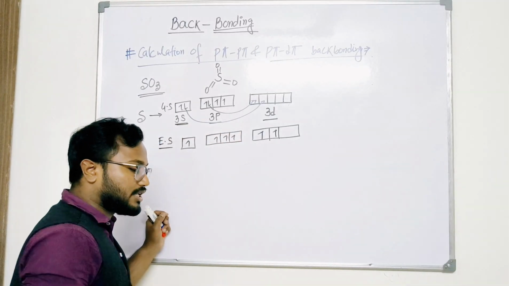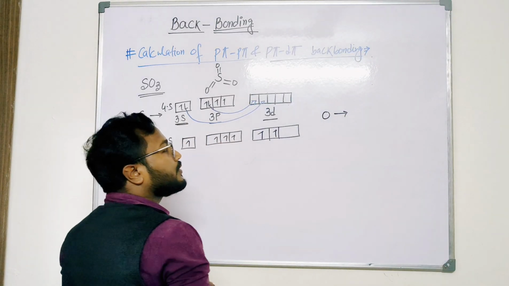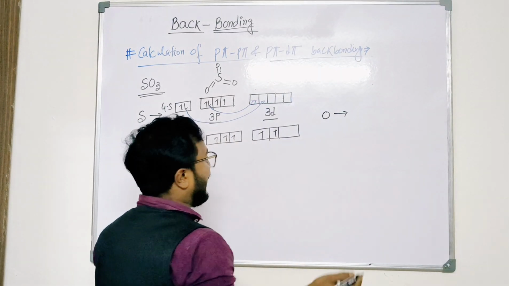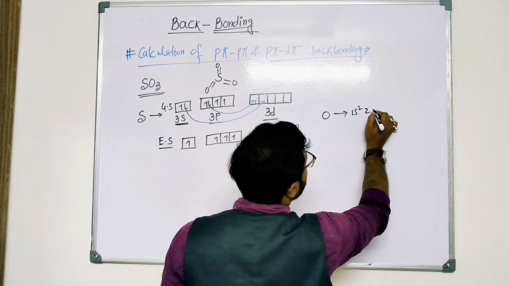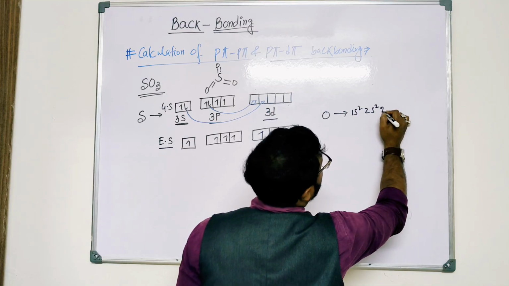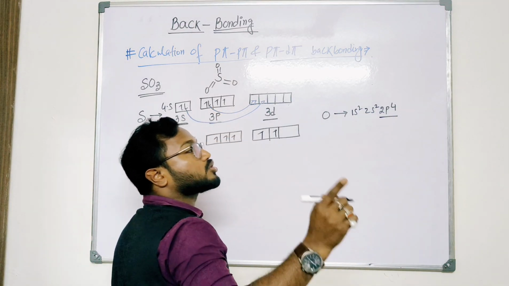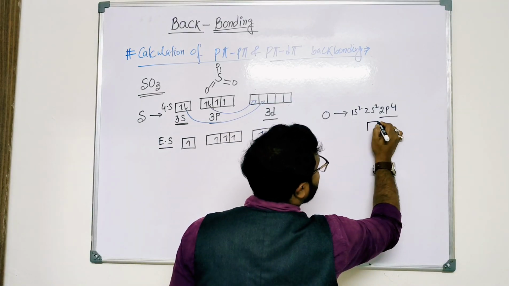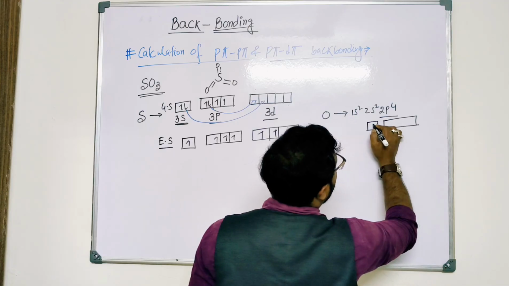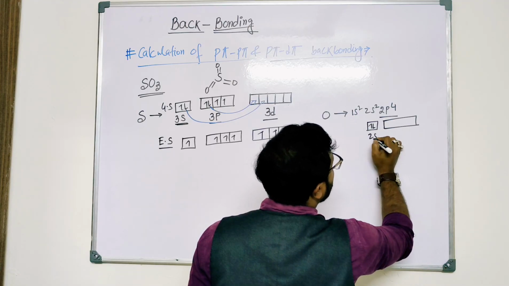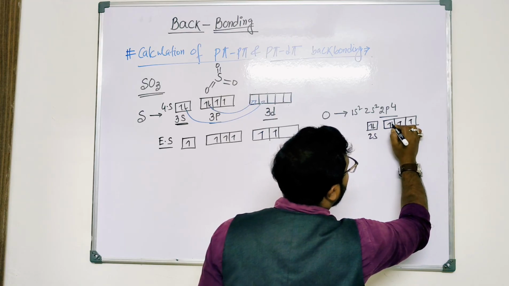Let us take the oxygen molecule. In case of oxygen, what is the general configuration? Oxygen atomic number is 8. So we can take 1s2, 2s2, 2p4. We are taking the outermost subshells only here. And here for the p orbital, what is going to happen? 2s2, this is 2s, and in this case 1, 2, 3 and 4.